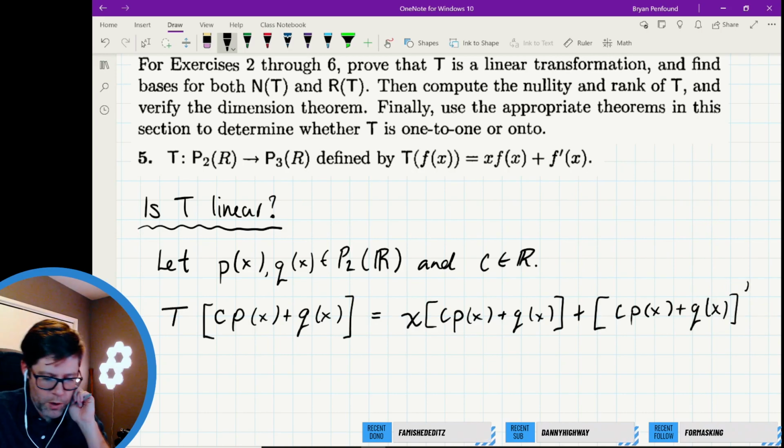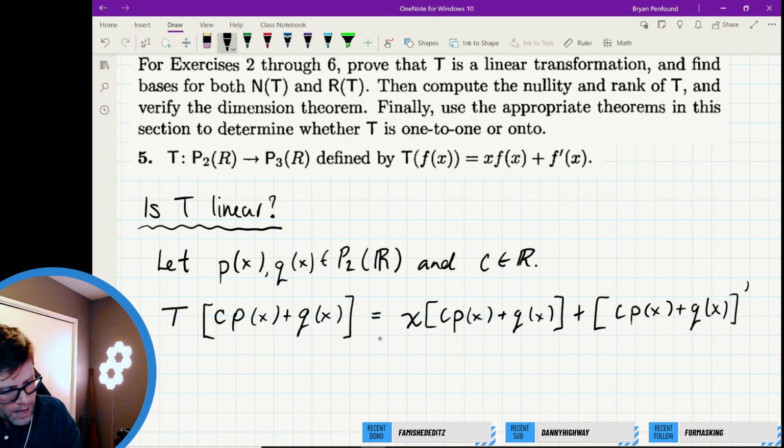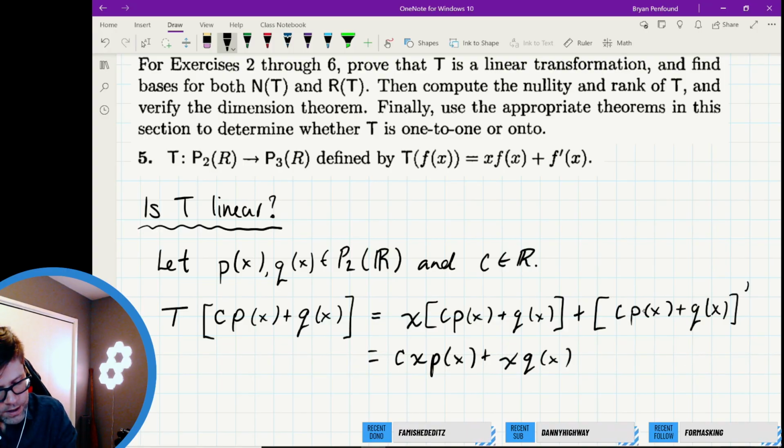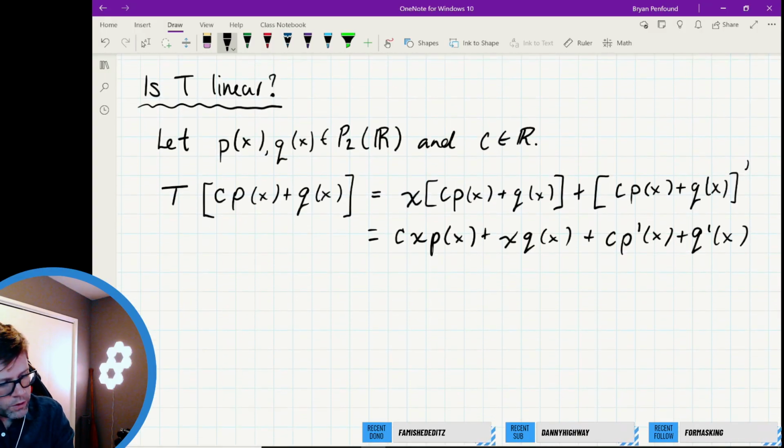Okay, I'm just going to use prime notation. So I guess that means for the first part here, we're going to get like cxp(x) plus xq(x). And then the derivative is going to distribute linearly, so we're going to get cp'(x) plus q'(x). So let's rearrange that.